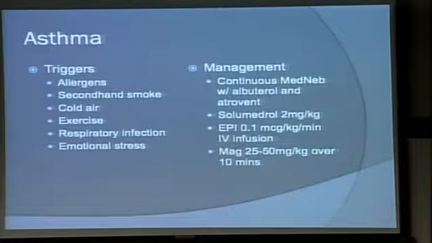Start out at 0.1 mic per kilo per minute and titrate. Last thing, not the first thing, the last thing, if they're not responding to that epi drip or responding slowly, if they're in status asthmaticus, which means you cannot break that attack, magnesium 25 to 50 milligrams per kilo over 10 minutes.